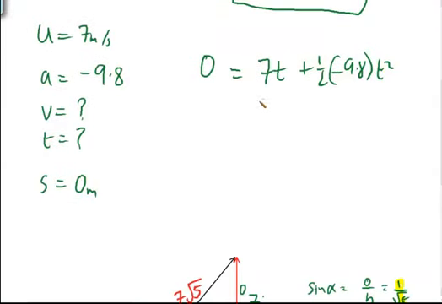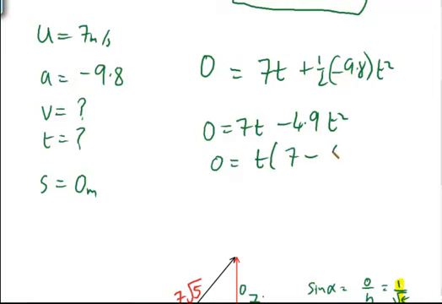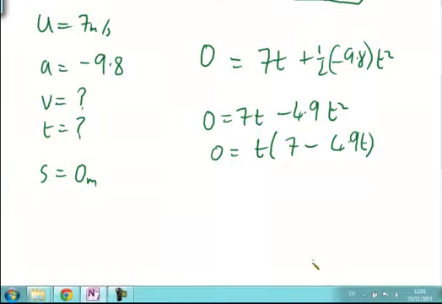Now, when we solve this, we'll multiply that in, and we get 0 is equal to 7t minus 4.9t squared. We can factorize out t. We get t times 7 minus 4.9t.